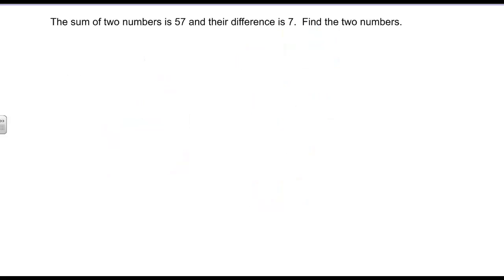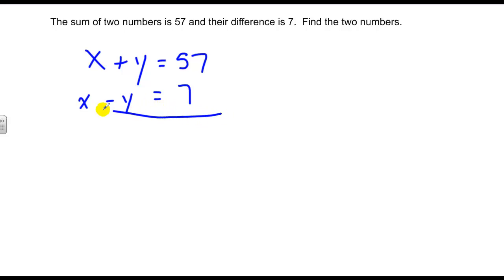So another word problem. I have the sum of two numbers is 57. Well, I don't know my two numbers and they're not necessarily related, so I'll call them x and y. And their difference is 7, which means when I subtract the two, I get 7. And I need to find the two numbers. Notice I have opposites in this case. I can straight add these up. The 2x is equal to 64.